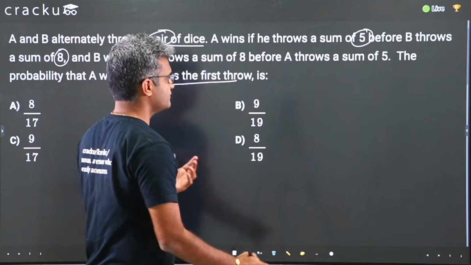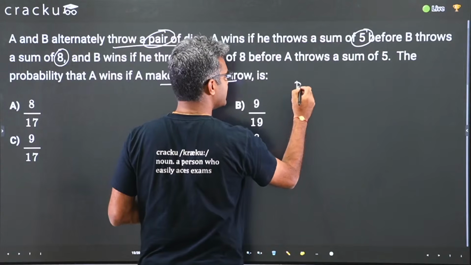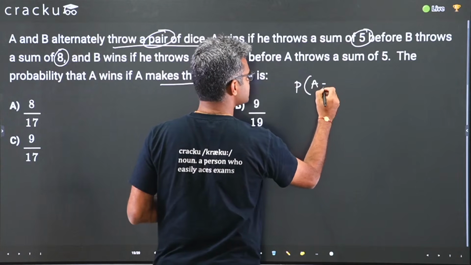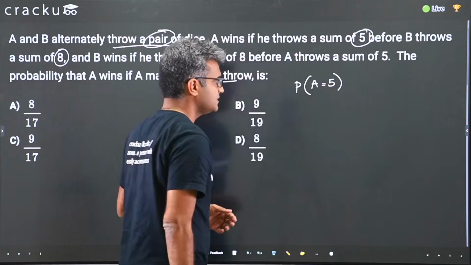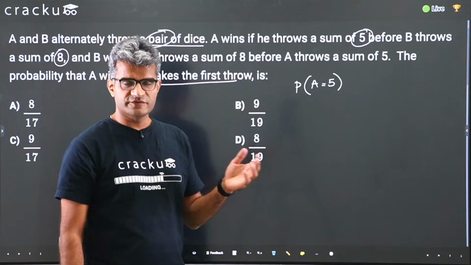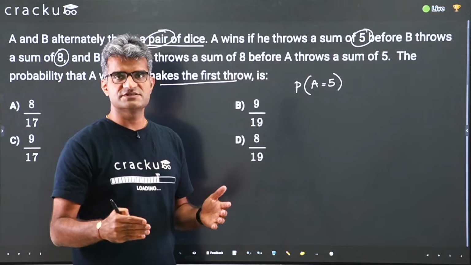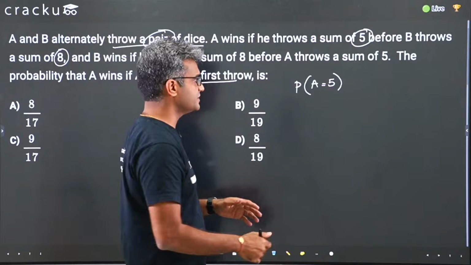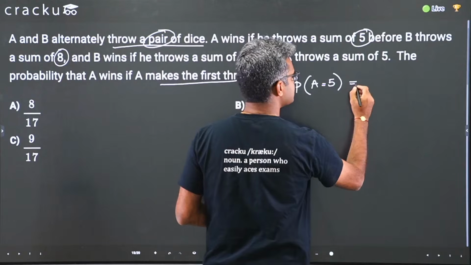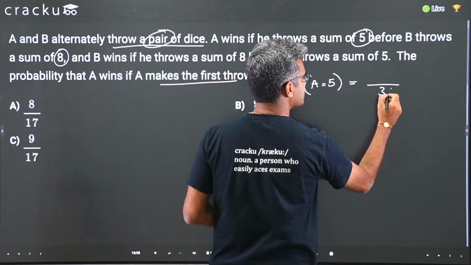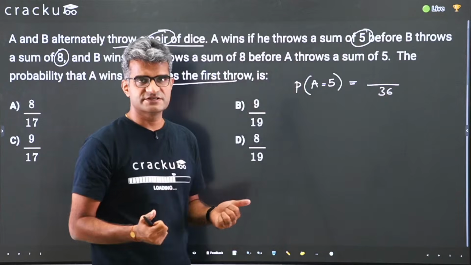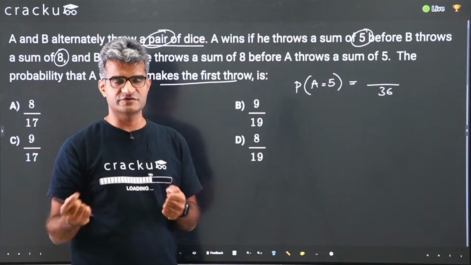So let us try to find out if A is throwing, what is the probability that the sum is 5. He has 2 dice. Both of them can come as numbers from 1 to 6. So the total number of cases that are possible is 36. The first die can be any number from 1 to 6. The second number can be any number from 1 to 6.